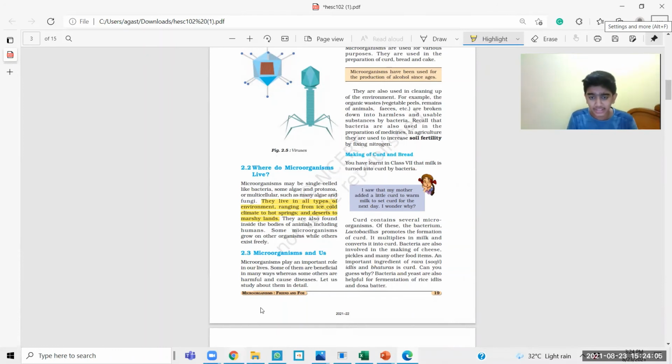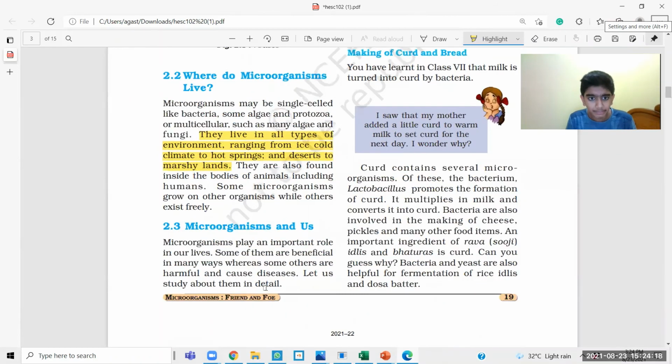A few microorganisms live individually and a few live in groups. Some microorganisms also exist freely on other organisms.